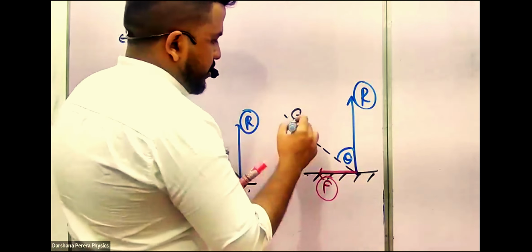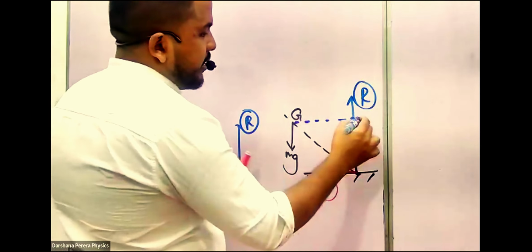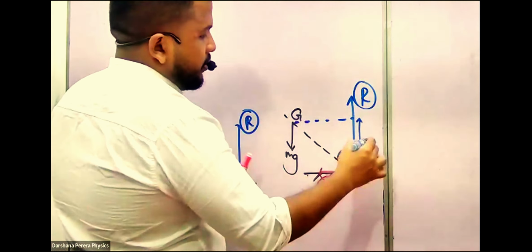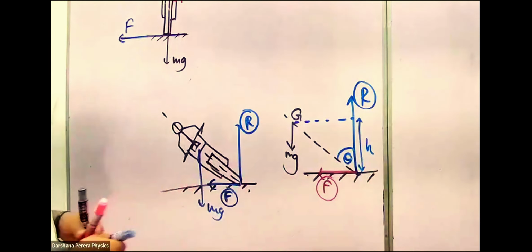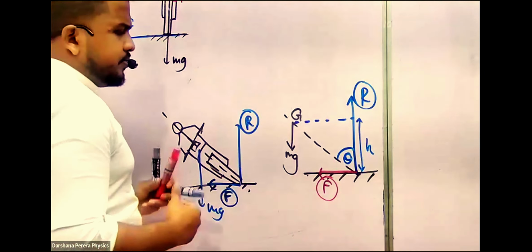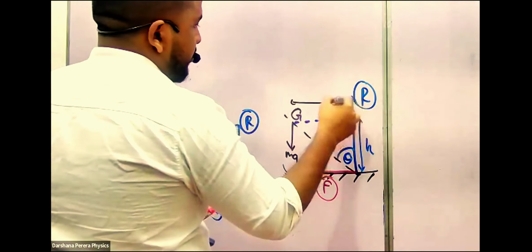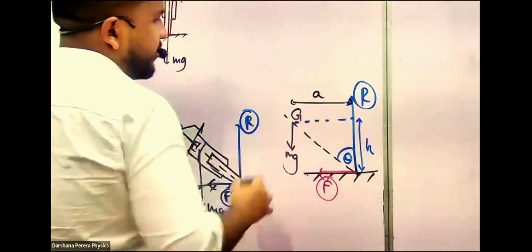Right? The height of this point is h. Right? Like that. The distance to this one is a.